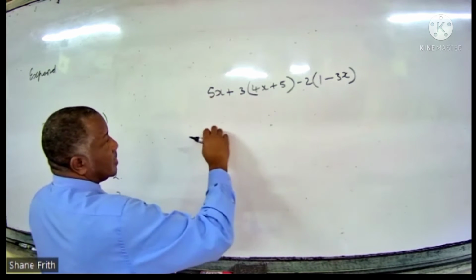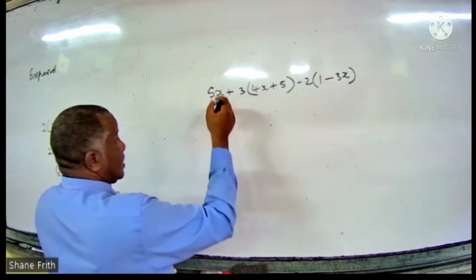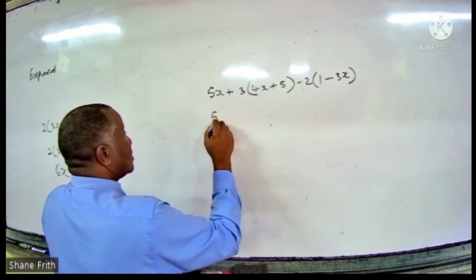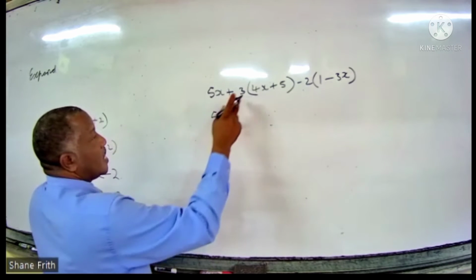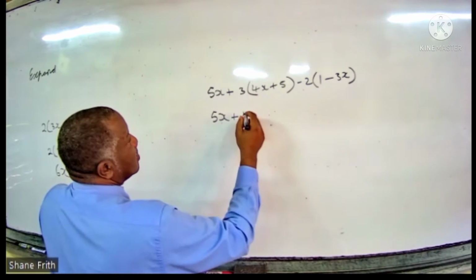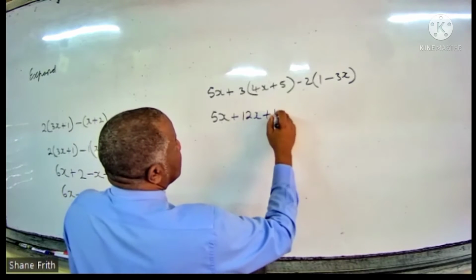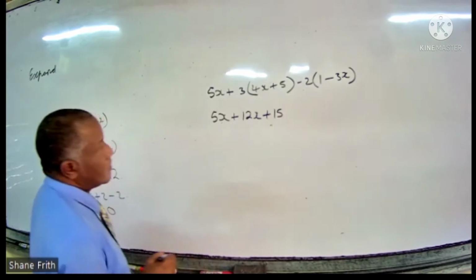I'm not going to add it to this. Just using that to expand the bracket. So I take on my 5x. And then I use this 3 now to expand this bracket. So I say 3 times 4 is 12. So I get 12x. And 3 times 5 is 15.